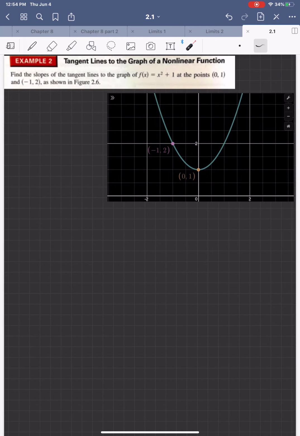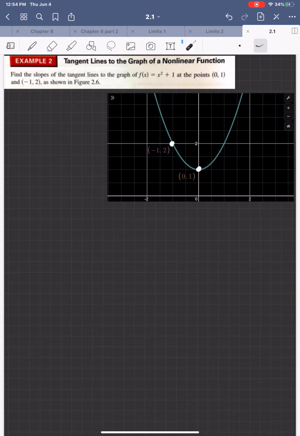Okay, so what's the task? The task is to find the slopes of tangent lines to the graph of x squared plus 1. So here's the graph of x squared plus 1. But we want to know what the slopes are at 2 points: 0, 1, and negative 1, 2. I've highlighted both of those points for you. Before we even start, what's the goal?